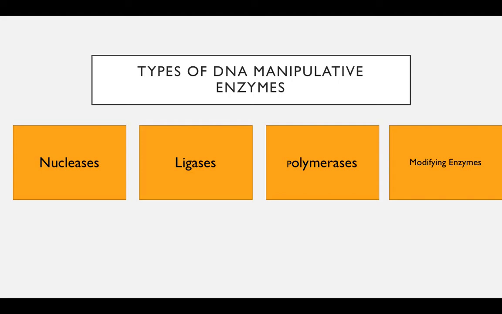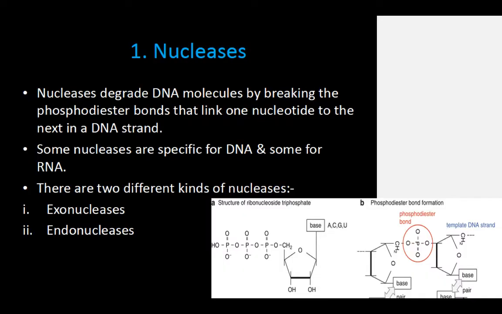So we'll start the discussion with the first enzyme, and that particular enzyme is known as nucleases. Now the name itself suggests nucleases. You must be aware that whenever you write the name of an enzyme, at the last the word ASES always appears. As for example, you are talking about protein.